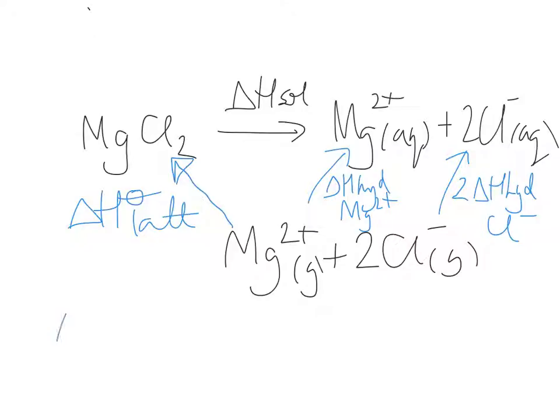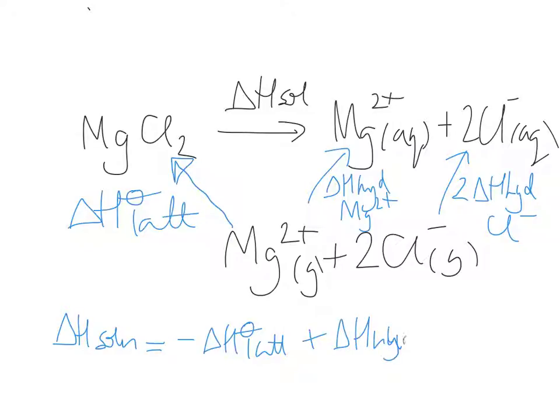So delta H solution is going to equal minus delta H lattice, because of course we're going backwards along this arrow, plus delta H hydration of Mg2 plus, plus 2 delta H hydration of Cl minus. So let's say this here is the missing quantity, stick all the numbers in here and solve for that number.